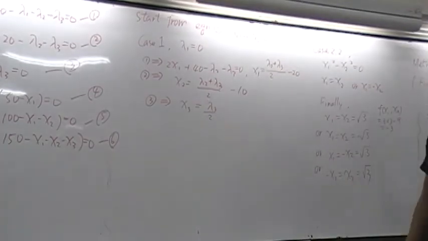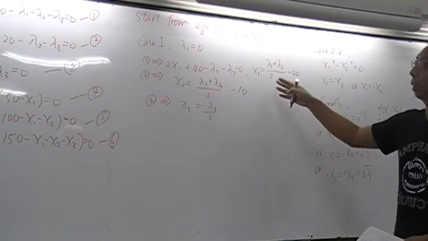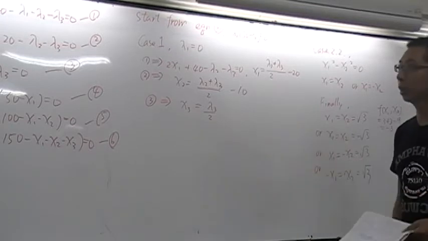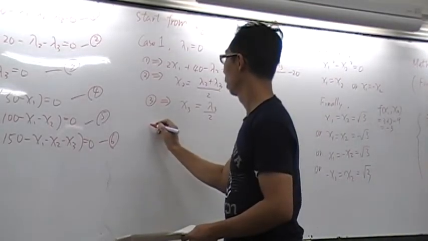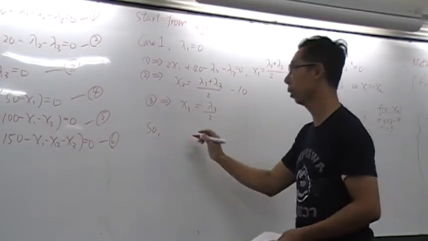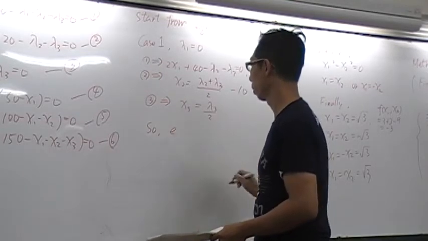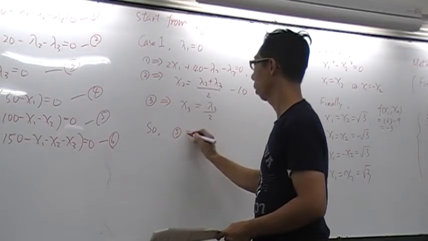Okay. So in this way, x1 and x2 and x3 are solved in terms of lambdas, okay? So equation 5 and 6 can be rewritten, okay? So equation 5 becomes what?